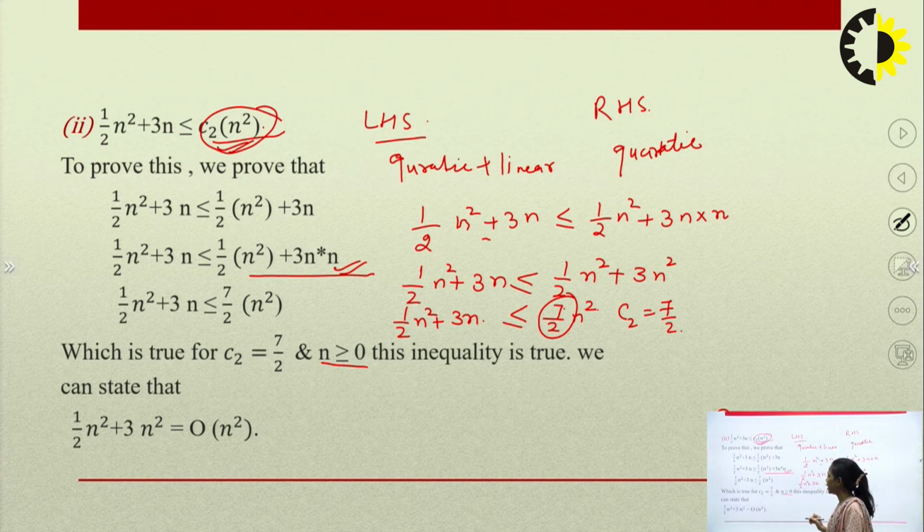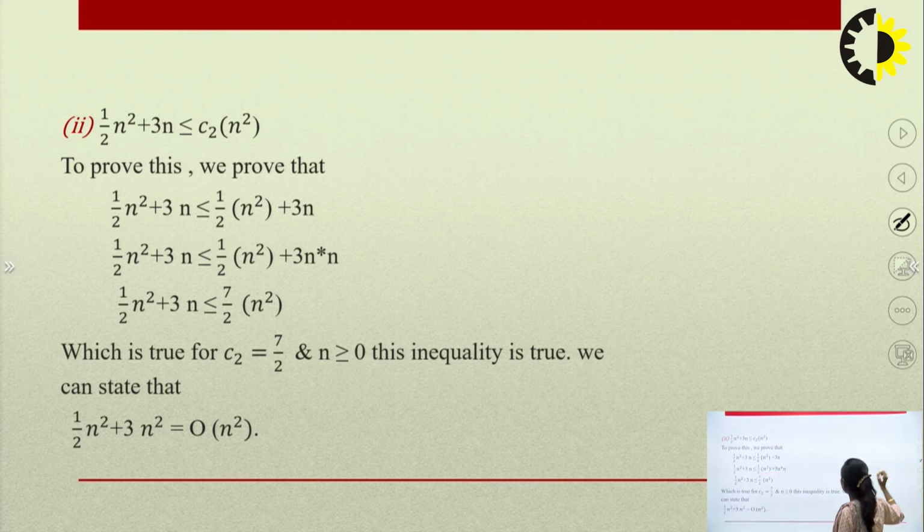And we get that for n greater than or equal to 0, this inequality is true. So we can state that 1 by half n square plus 3n is big O of n square, because it gives the upper bound to the function g(n). Fine. Hope it is clear.